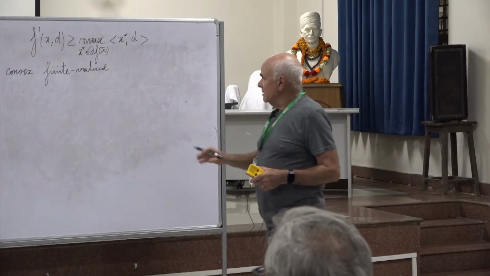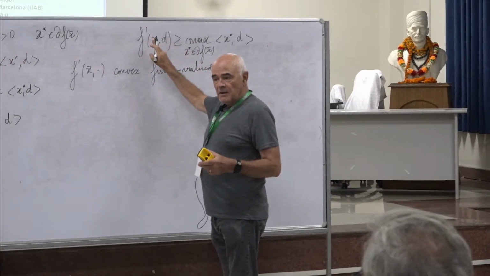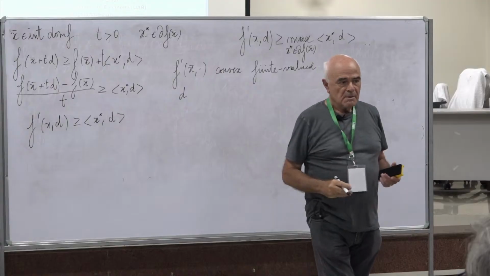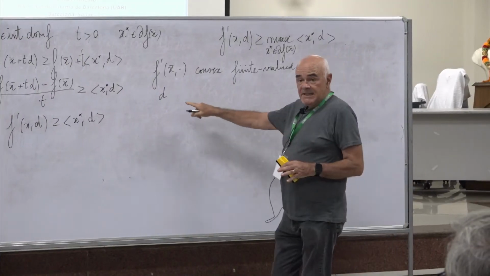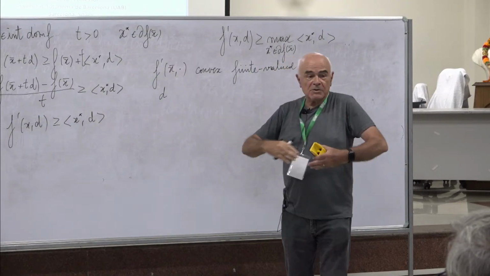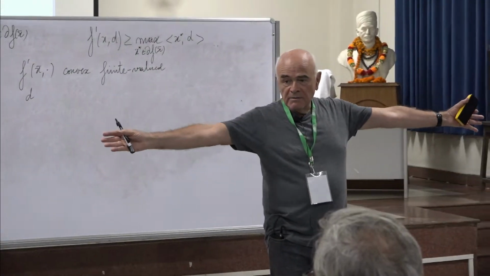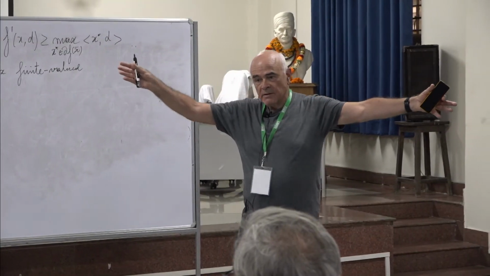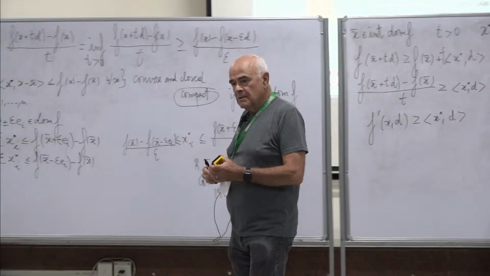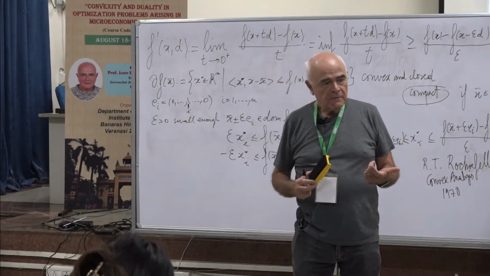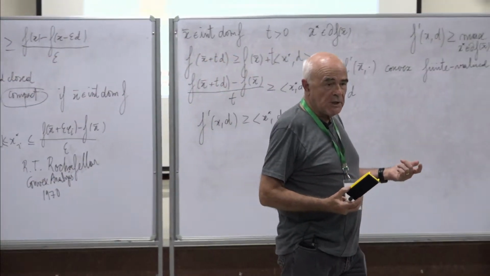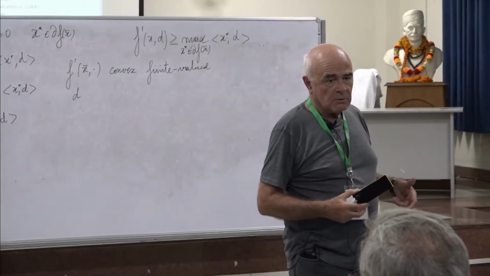Then let's look at a particular d. This d belongs to the interior of the effective domain of this function, because the effective domain is the whole of Rn. So the interior is the whole of Rn. And we have proved that a convex function has a non-empty subdifferential at every interior point of its domain.